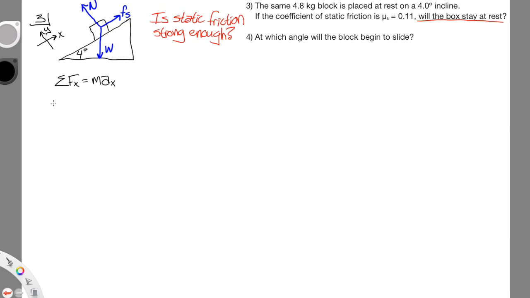Based on our current free body diagram, we have the force of static friction in the positive x direction and the x component of weight in the negative x direction. And if static friction is strong enough, the box will stay at rest, and the acceleration in the x direction will be 0.